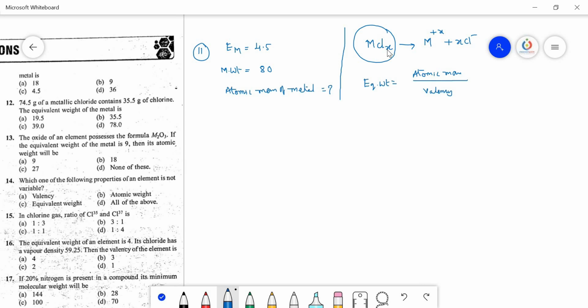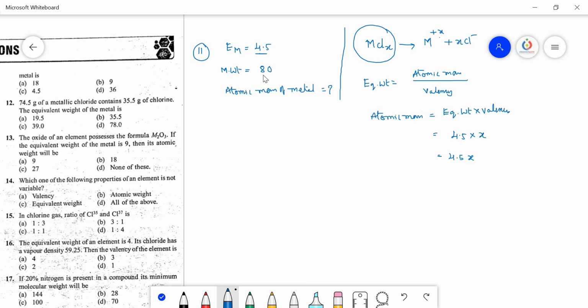Here atomic mass we don't know. So atomic mass of the metal equals equivalent weight into valency. Equivalent weight how much they had given? 4.5 into valency how much? x. So 4.5 into x. So let us imagine its atomic mass is 4.5x.